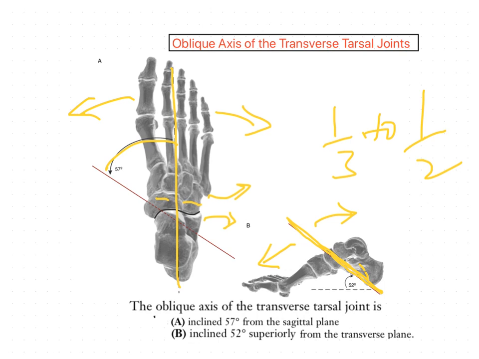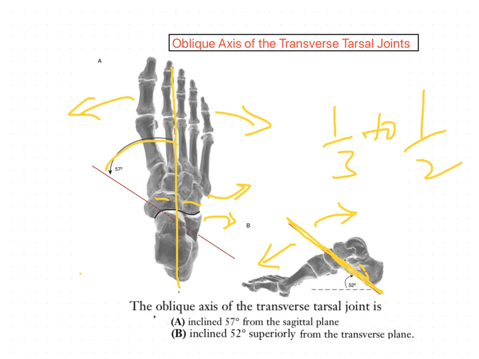That means of the total subtalar joint supination and pronation range, 1/3 to 1/2 is provided by the transverse tarsal joint.